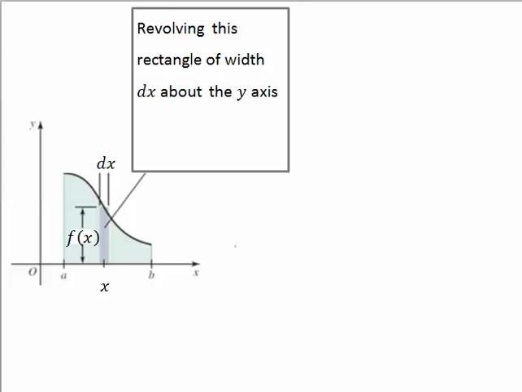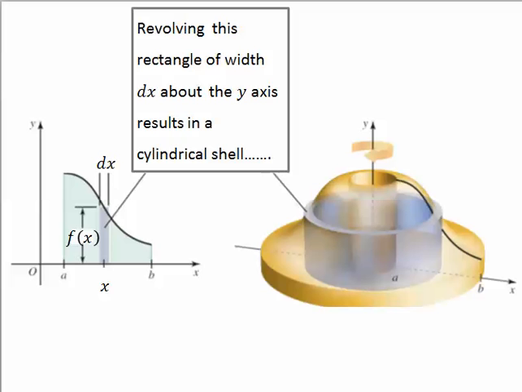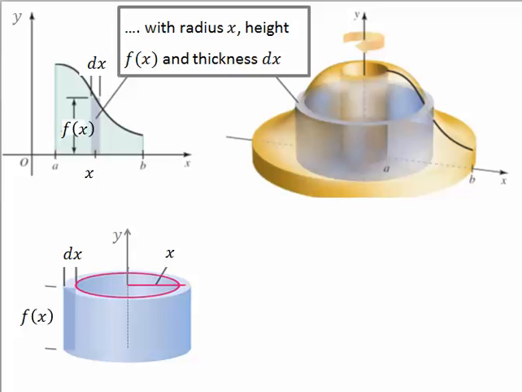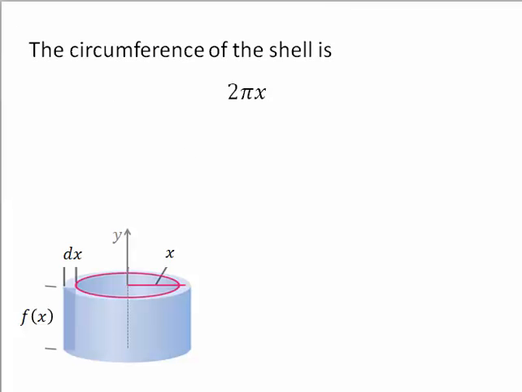Revolving this rectangle of width dx about the y-axis results in a cylindrical shell with radius x, height f of x, and thickness dx. Since the shell has a radius of x, the circumference of the shell is 2 pi x.